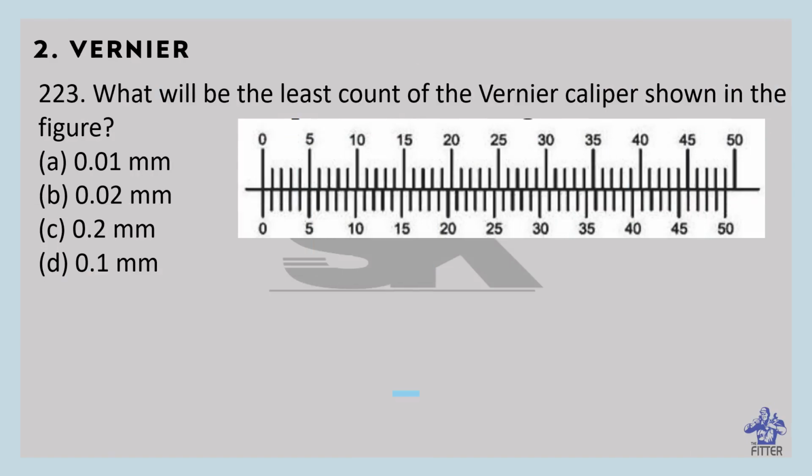What will be the least count of the vernier caliper shown in the figure? Here, the value of one division of the main scale equals 1 mm.